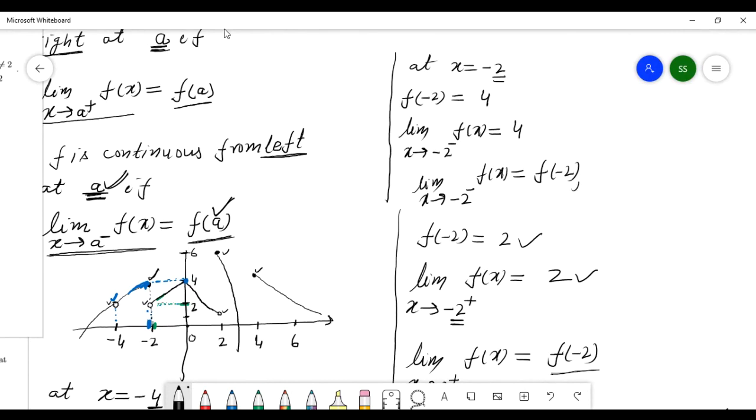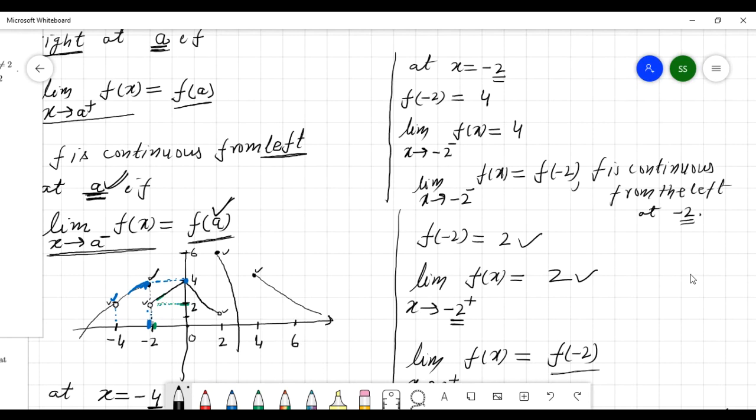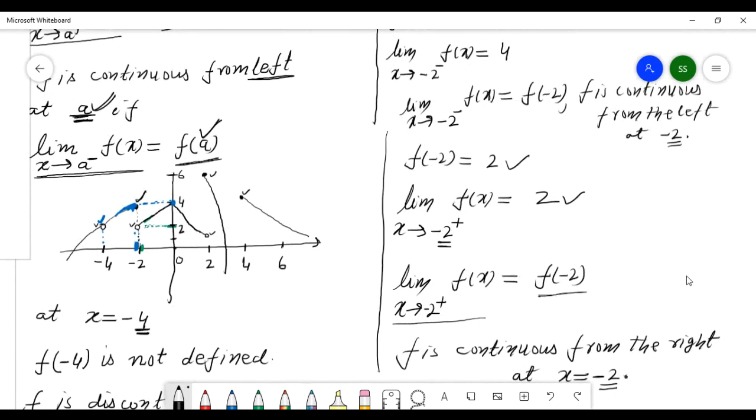So f is here continuous from the left at this -2. But if you take the right limit, see the right limit here. Right limit, f of -2 here, f of -2 is 4.